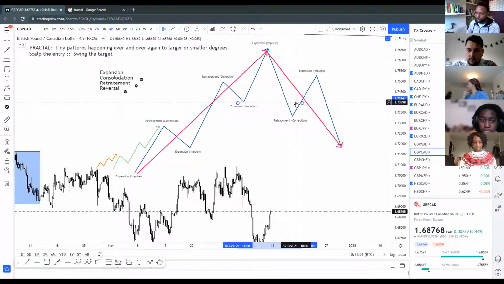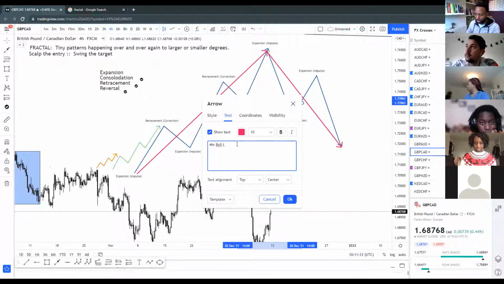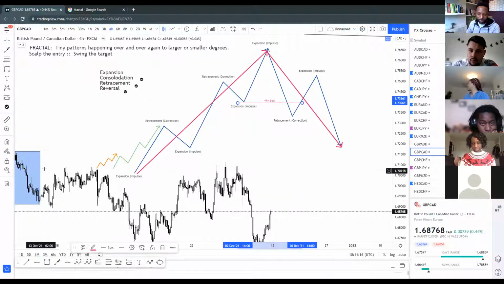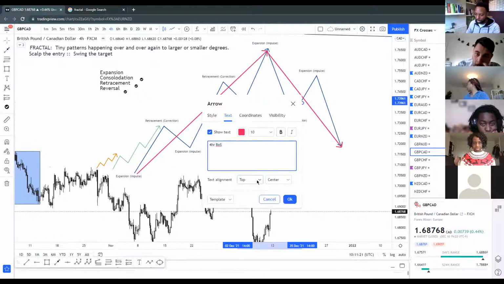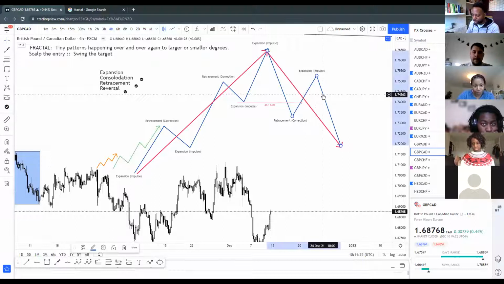Let me just put this, before you take a picture, on 4-hour breaker structure. Alice, Trish, mute your phone. Let me just put this on the top, on the bottom. All right. So you can take a picture of that now if you want to. All right, cool. Let me delete that. Joe, let's wrap it up.